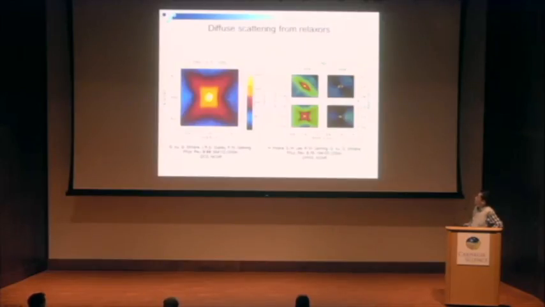And around other Bragg peaks, like the 110 Bragg peak, there is only one wing, but the intensity still distributes along 110 type directions.